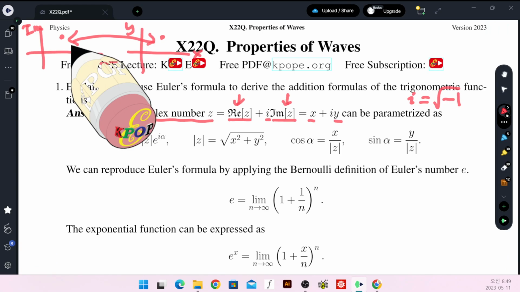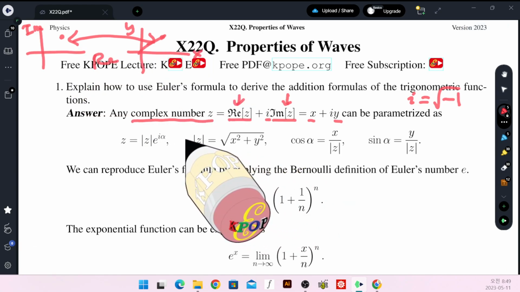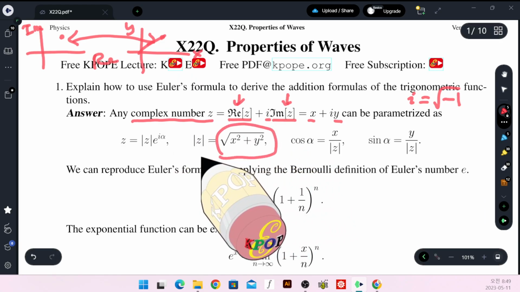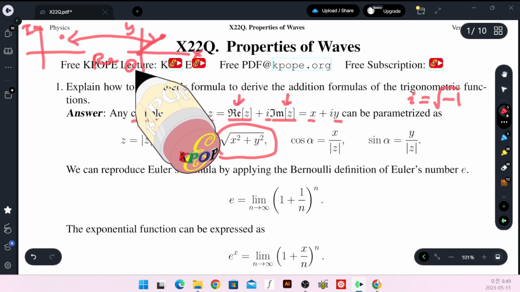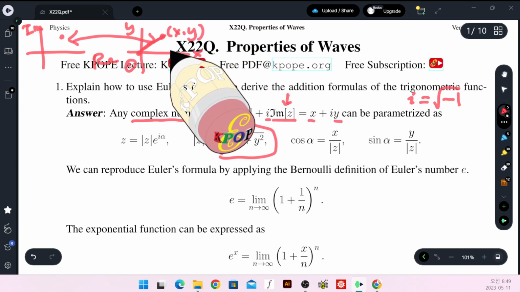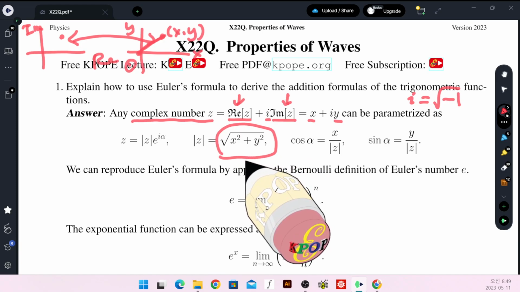That is the reason why we can introduce the magnitude of a complex number, which is the same as the radius from the origin of a point expressed in Cartesian coordinates. That is the square root of x squared plus y squared.